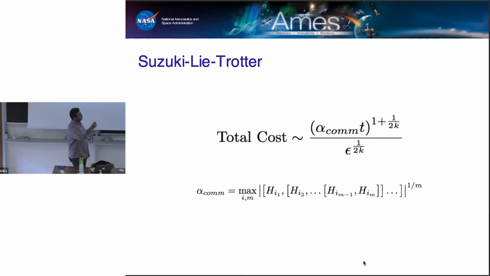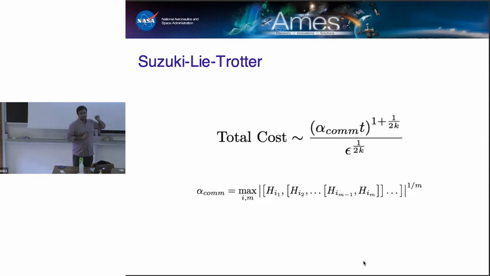Now if we do all the analysis, I'm going to forget about dependencies on M and so forth, because I wanted to talk about it at the beginning just to impress upon you that the number of terms needs to be a reasonable amount. But basically, from a computer science perspective, what people mostly care about is how the cost of the simulation scales with T and epsilon, and maybe on what the coefficients of the Hamiltonian are as well.